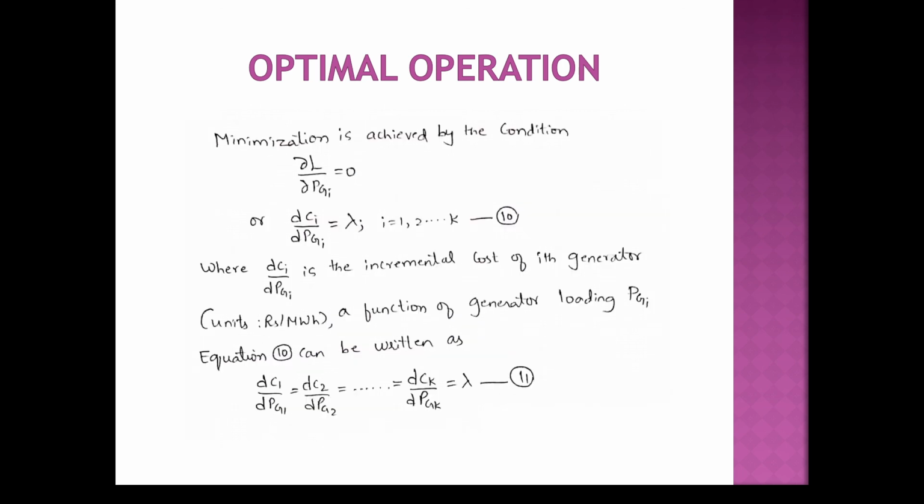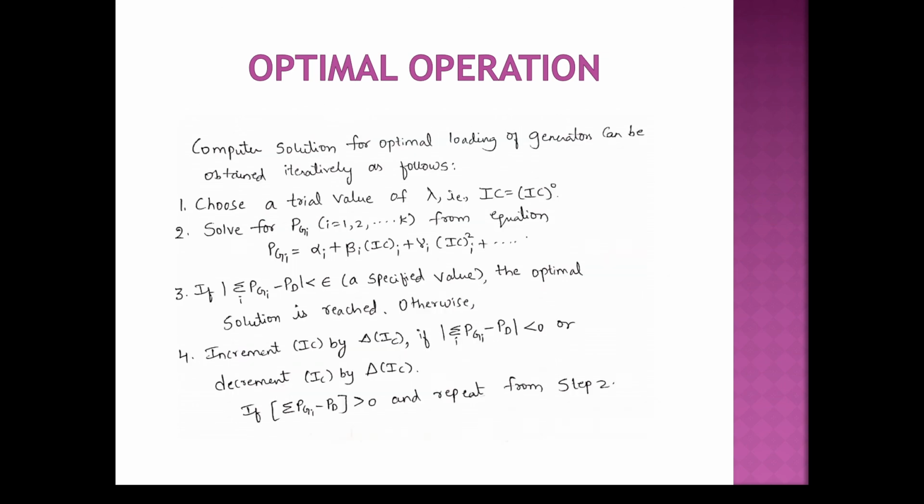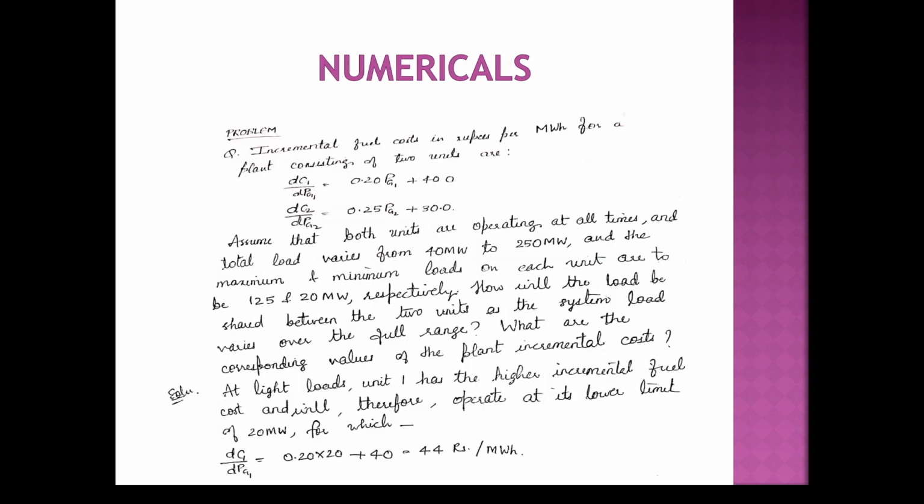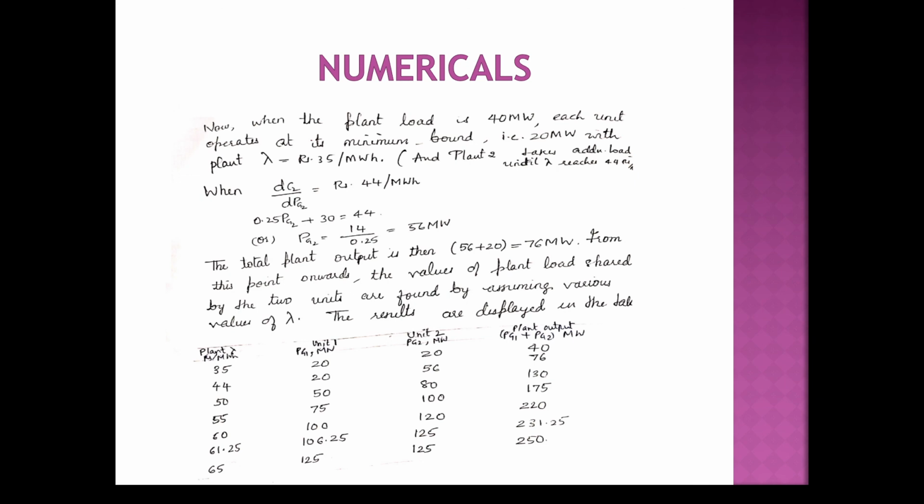We have found a condition for incremental cost, that is dC1 by dPg1 is equal to dC2 by dPg2 is equal to, and so on, dCk by dPgk equal to lambda. Okay, so this is the equation we are bothered about. With the help of this equation only we are going to solve the problems.